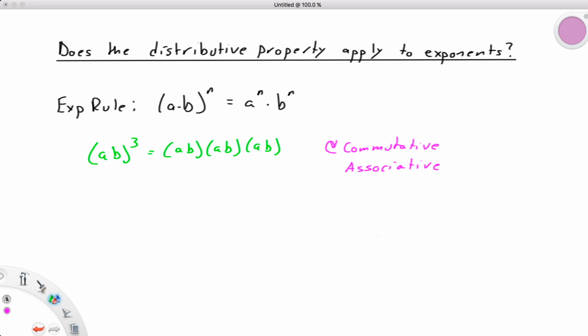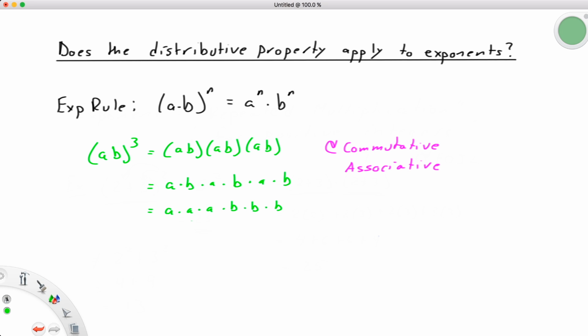And so I can take this and rewrite it as a times b times a times b times a times b by getting rid of the parentheses. We don't need to separate those terms here if everything is multiplication. And then I can rearrange this further by multiplying all of the a's together first and all of the b's together second.